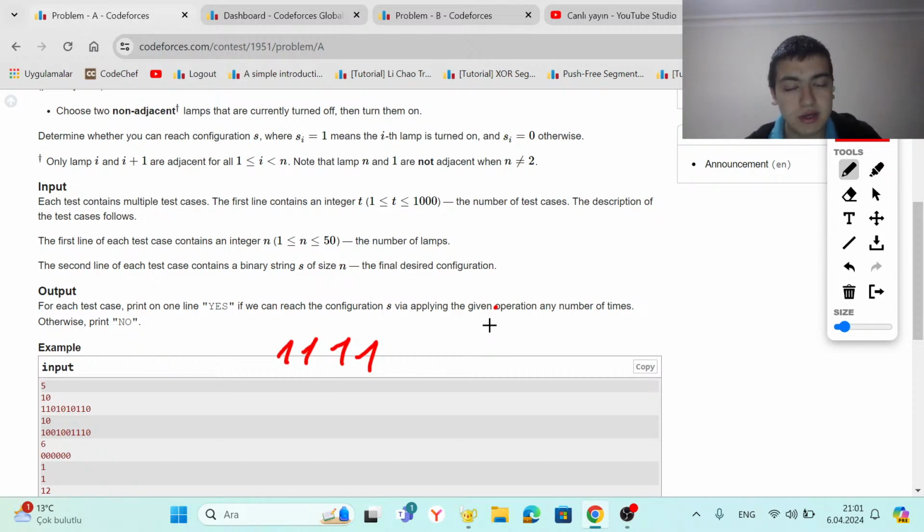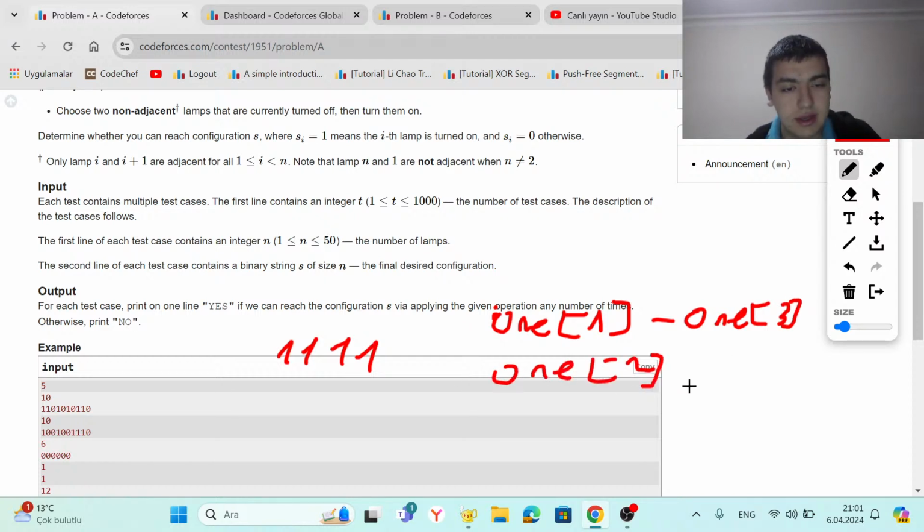We can pair 1 2, 1 3, sorry, we can pair 1 2 and 1 4, and so on.